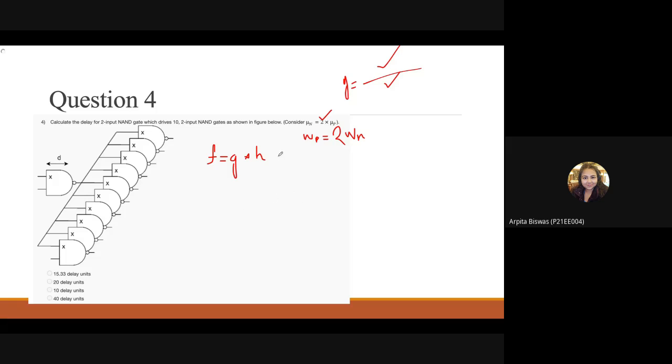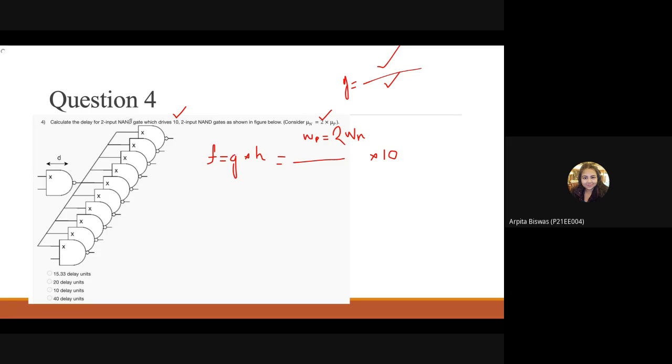So tell me what is the value of G here? How to calculate the value of G? H is given. This drives 10, right? 10 is H. H is 10. Just see how I'm calculating. It will be clear for you. It is a two input NAND gate, right?